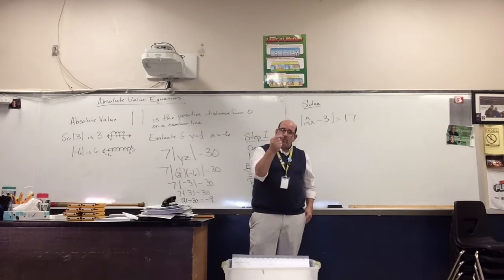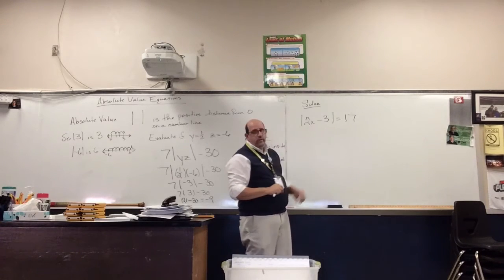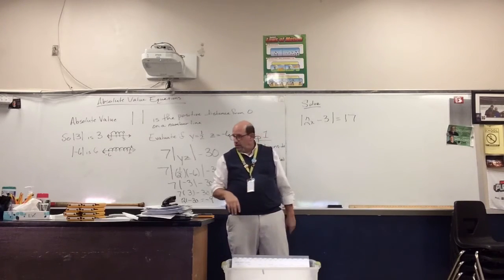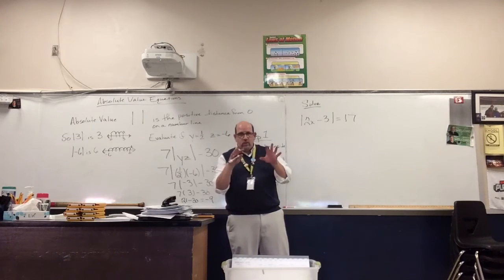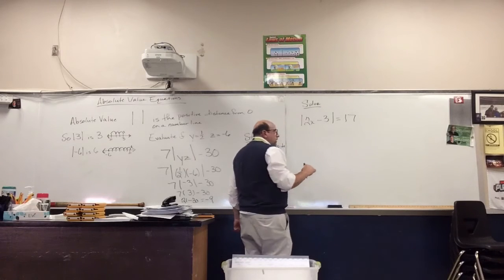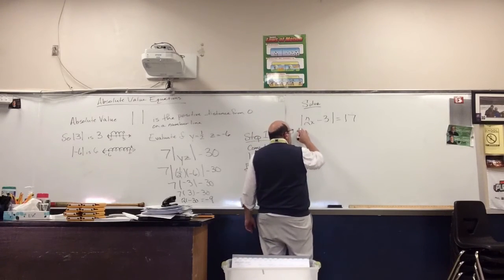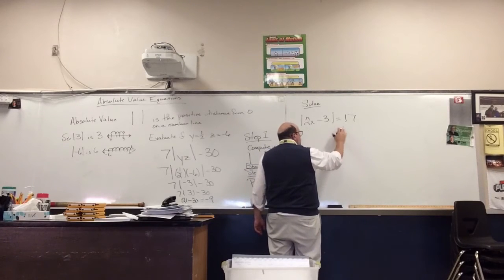So when you have an absolute value equation, and this is the only thing you have there, so far so good, and I'm going to check your work and see if I have to create another video just to show you the other piece. But for now, I'm just going to do this one. So what we do is we solve this: 2x minus 3 equals 17.